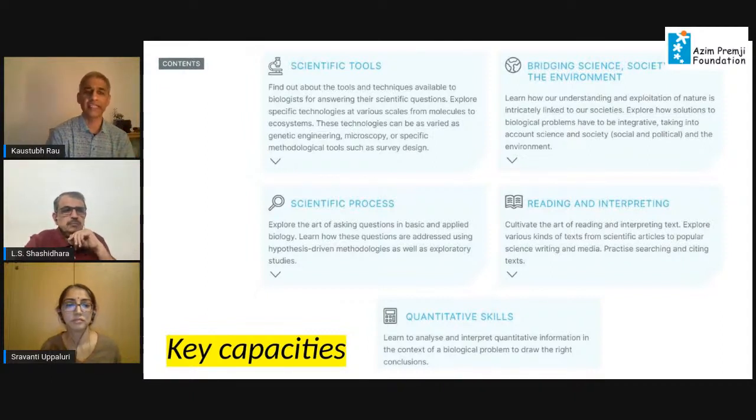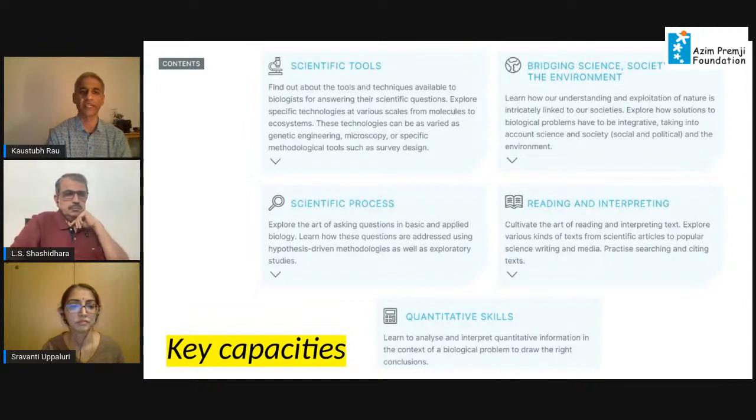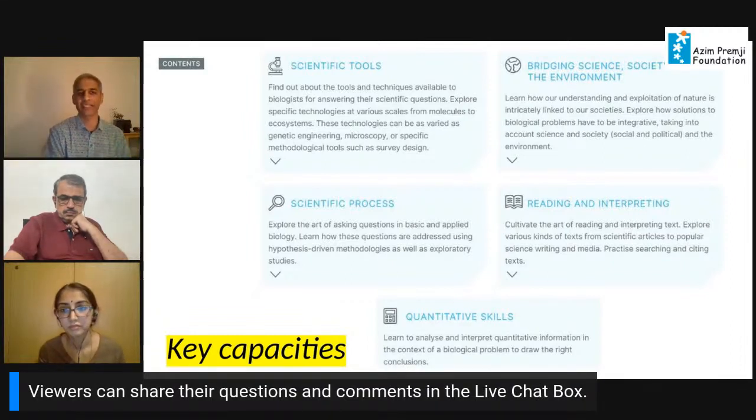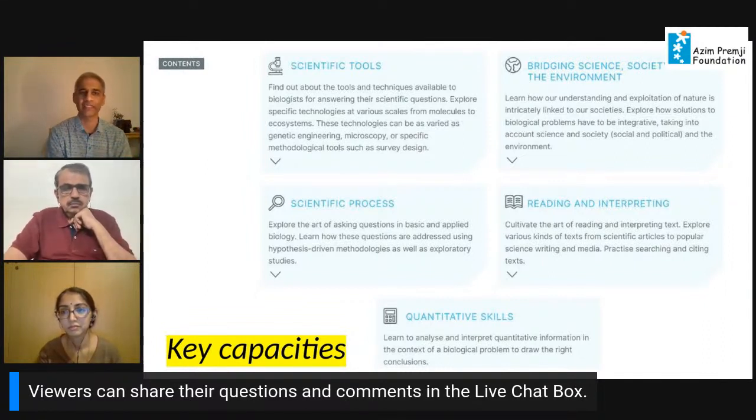Then the third capacity we have is that of the scientific process, where we have tried to highlight that the scientific process is not linear. It takes many jumps across space and time, and there are many actors, and they make their contributions, and finally you arrive at an answer, and then the journey continues. So that's really what we would like students to take away from that.